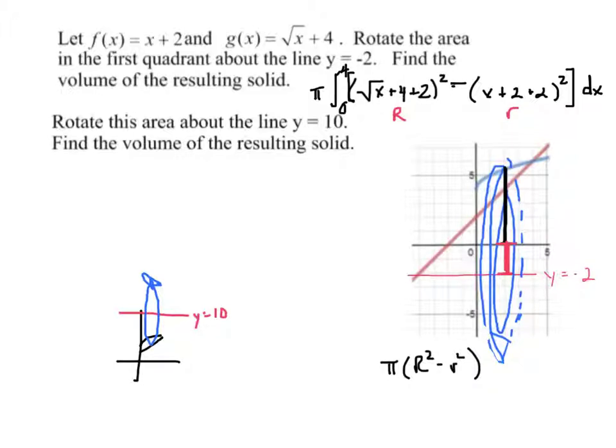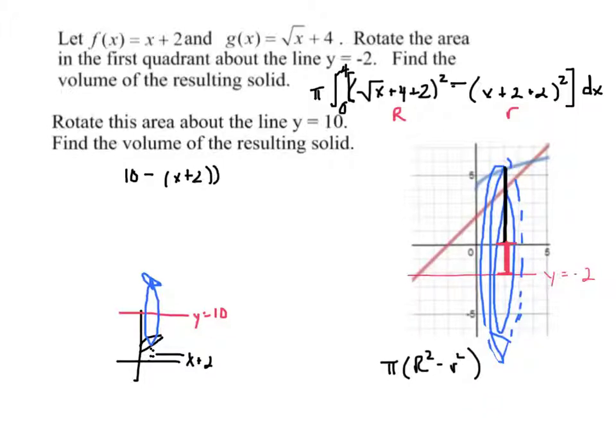So the function always tells us how far away from the axis we are. Let's start with the outer one. This is x plus 2. Well, I don't want to know how far away from the axis I am. I want to know how far away from 10 I am. So the big radius is now 10 minus x plus 2.